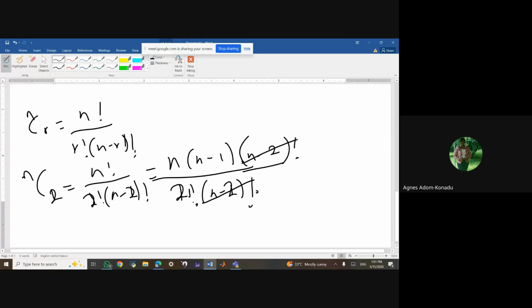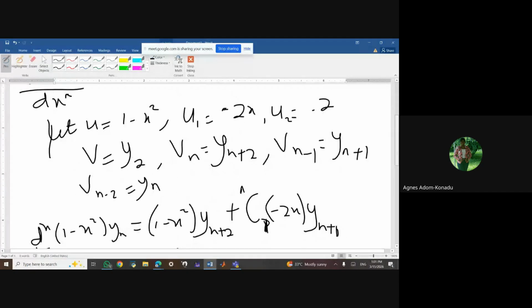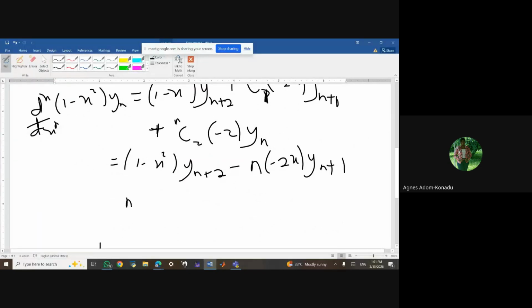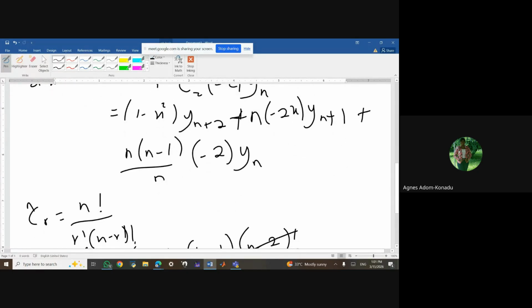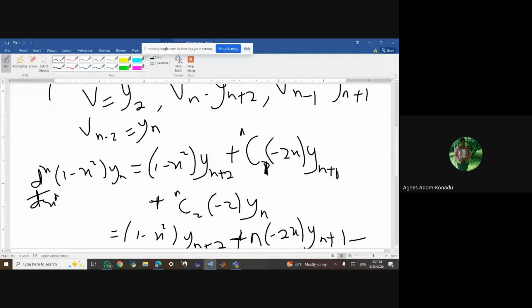So the (n - 2) factorial will cancel, and I'll be left with plus n times (n - 1) over 2. This is the n combination 2, then times (-2) times y_n. And we should be able to expand this one. So this is over 2, not over n. The 2 can go with this, and I'll have a negative here. This is for the first term of the question.